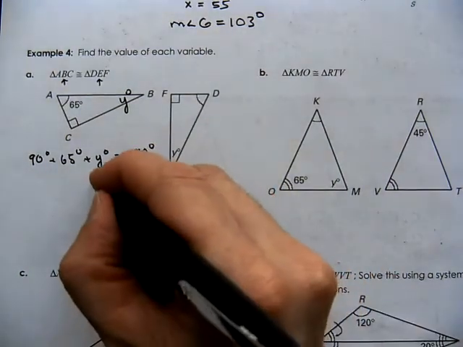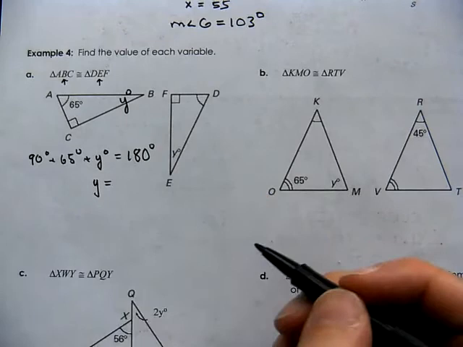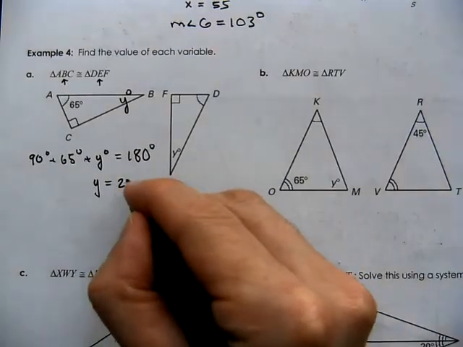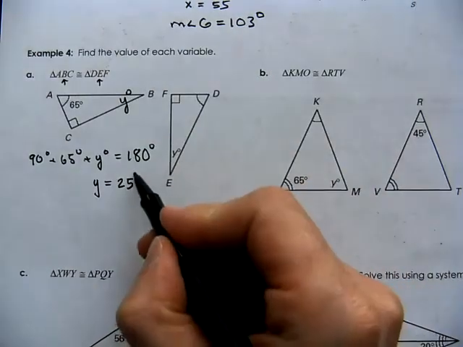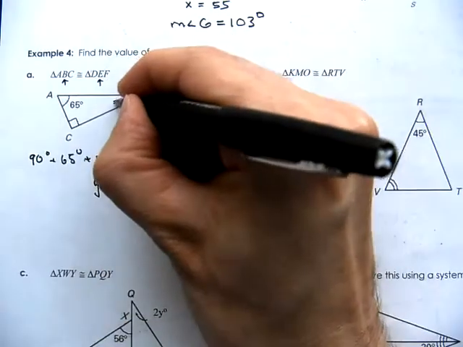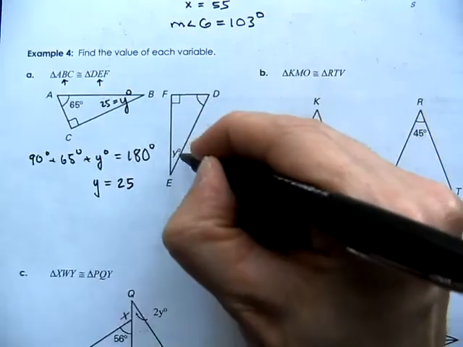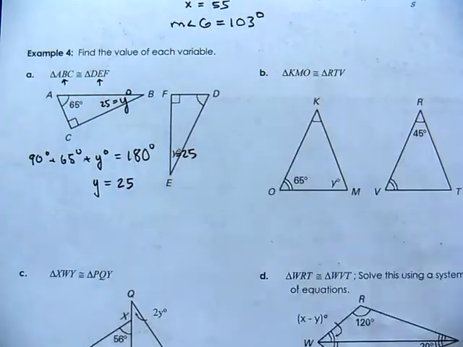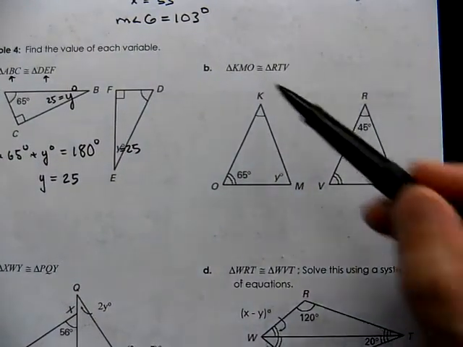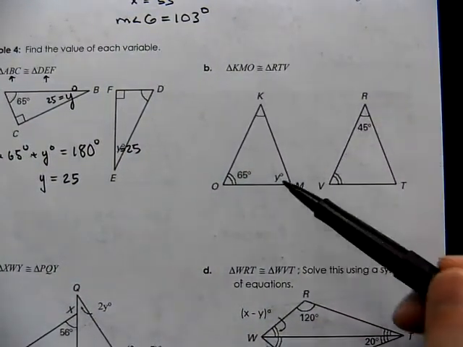So we'll isolate the variable, we'll subtract away the 90 from both sides, we'll subtract away the 65, and we end up with 25. Again, no degree symbol here because it's just the variable. So that means this is 25, and this is also 25. Alright, again here in part B, looks like we only have the variable y.